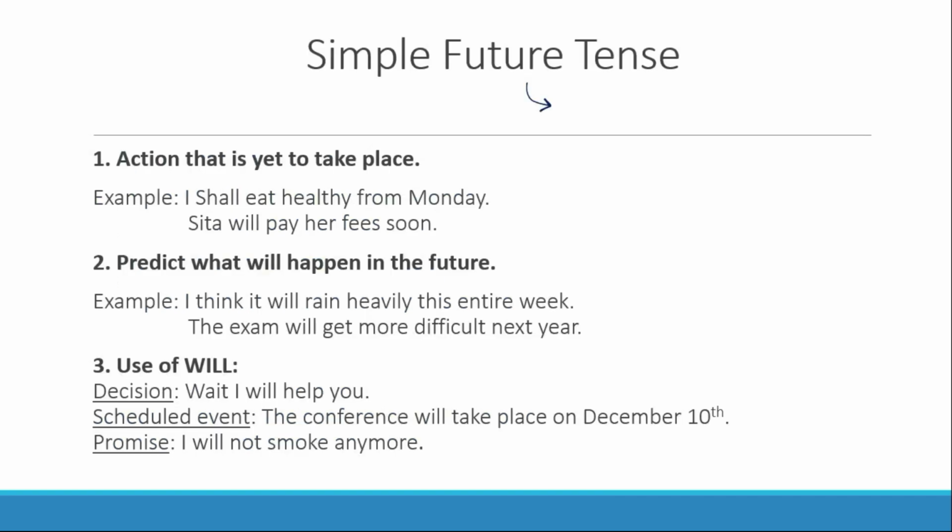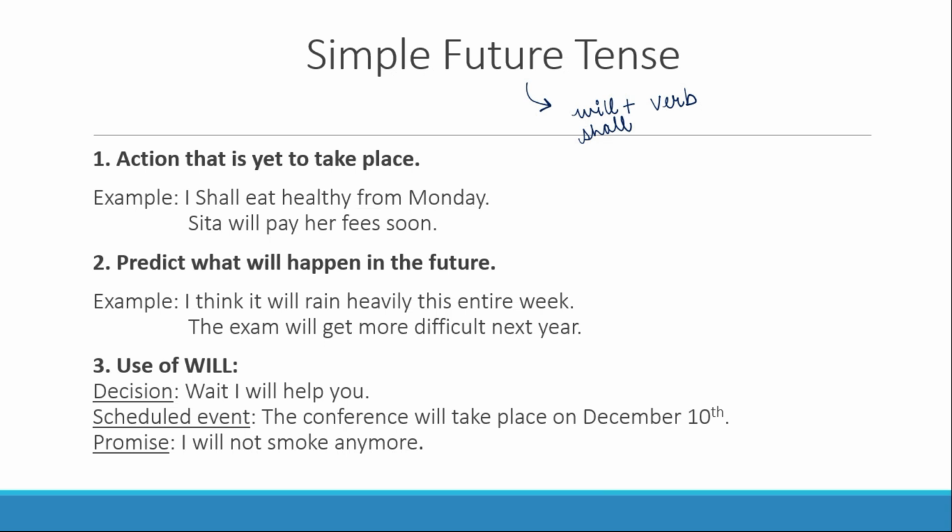Okay, so when we write a sentence in simple future tense, we will be writing it as will plus simple form of the verb. For example, will or sometimes shall will come. If an action has not yet taken place and will take place in the future, then we use the simple future tense.